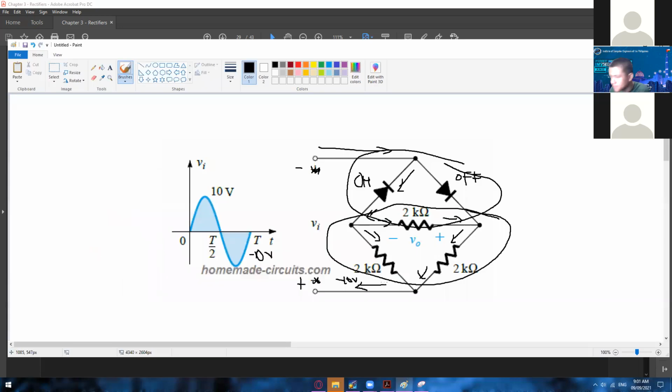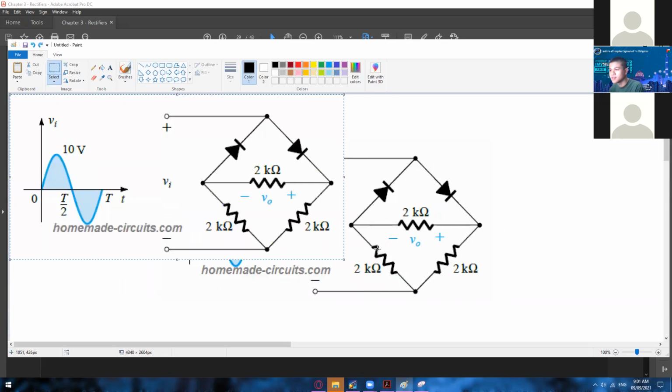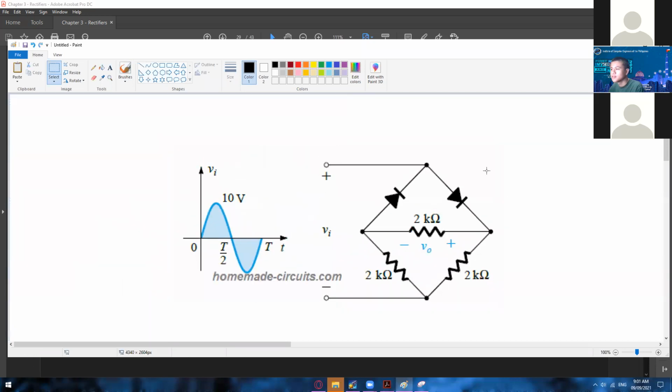Okay, so let me answer this one. All right, so in here, remember what I said in Circuits 1. This resistance right here could be replaced by an RL or load resistance or any appliance in your home.